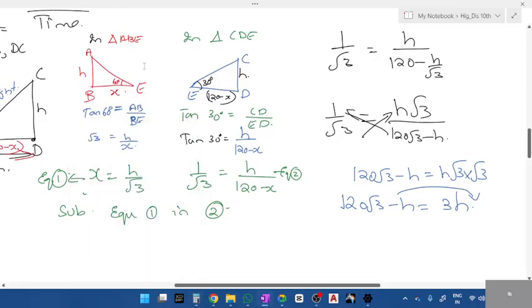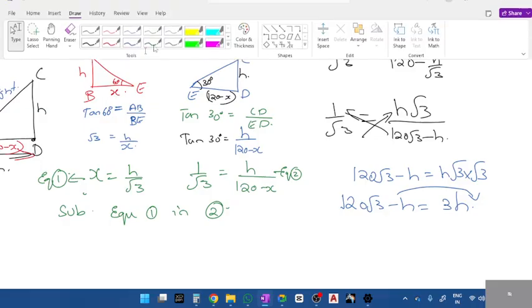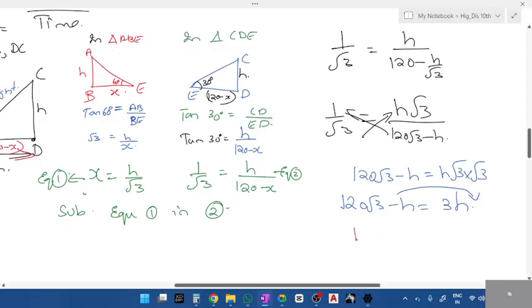Okay, how do you solve this? Lemula, Naomi, what's the next step? Almost 95% I've done, students. What are the like terms here? 120 root 3 minus 3H plus 1H, 4H, right?